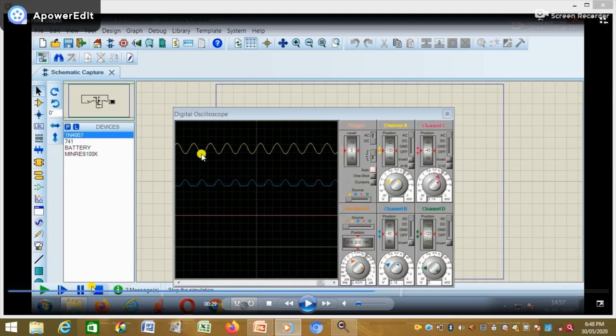so this is your input signal Vin. During positive half cycle of Vin, we are getting Vout totally 0, because D2 is reverse, D1 is forward. Then during negative half cycle of Vin, the output is a sine wave.